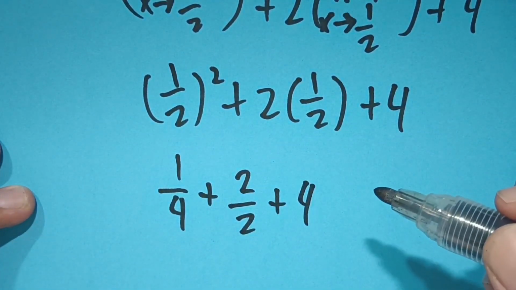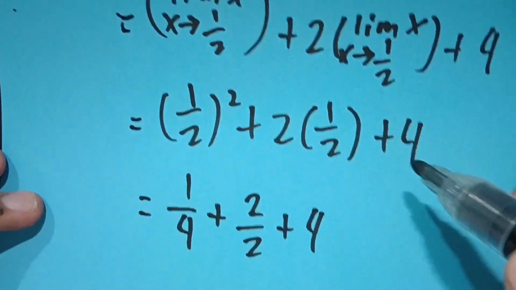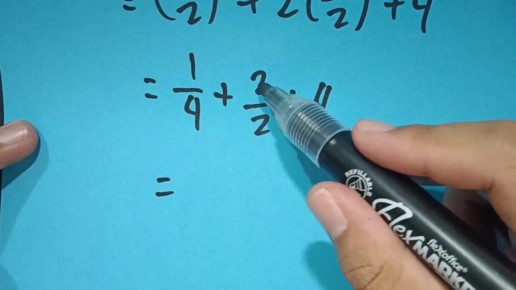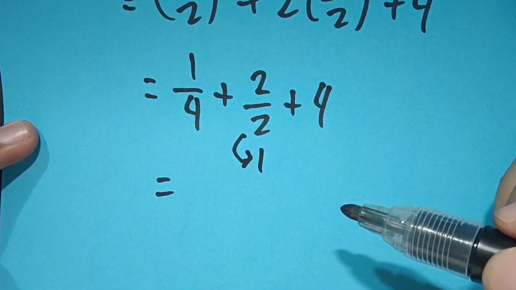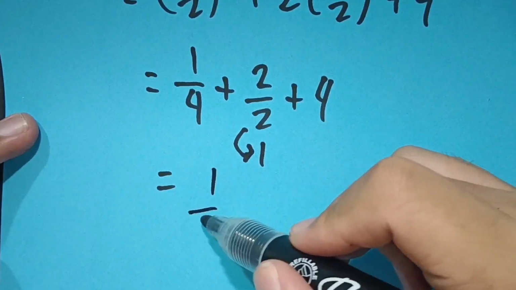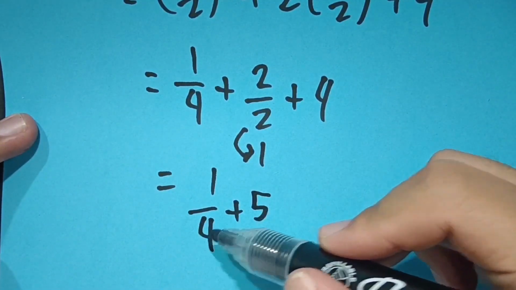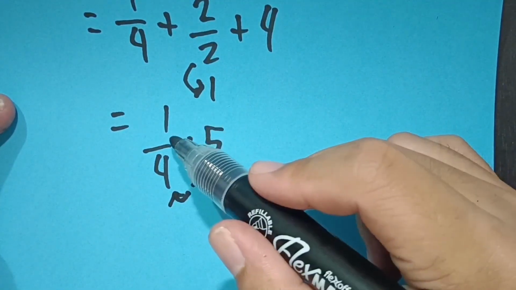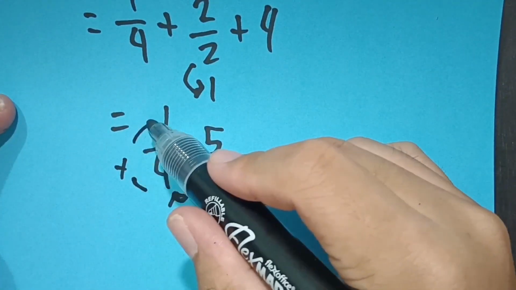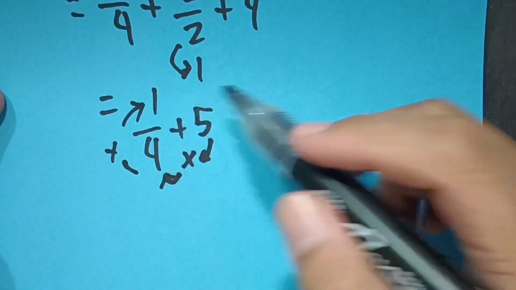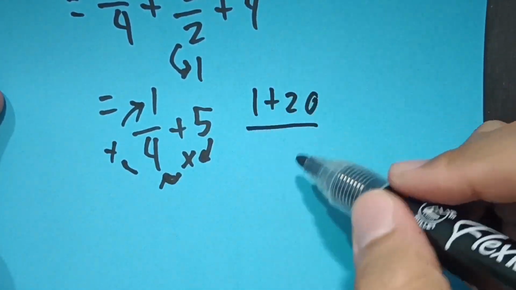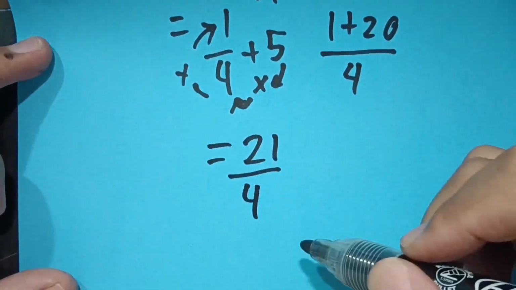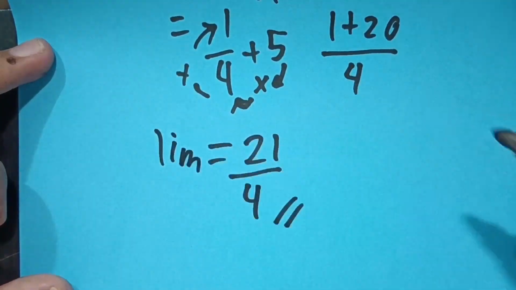So 1 over 2 times 1 over 2 is 1/4 plus 2 times 1 over 2 is 2 over 2, which we will need to simplify. So 1 over 4 plus 5. So 1 over 4 plus 5, we multiply 4 times 5 and add it to 1. We keep the denominator 4, which gives us 21 over 4, which is our limit.